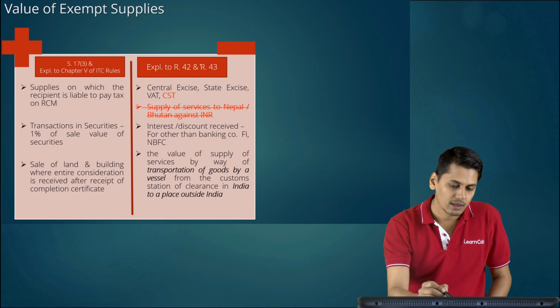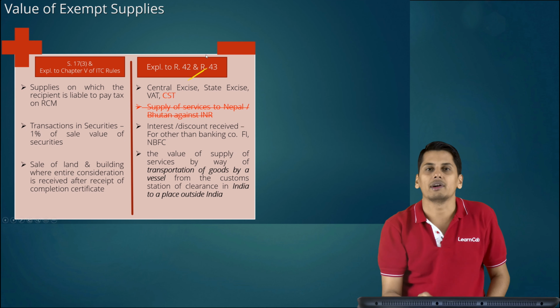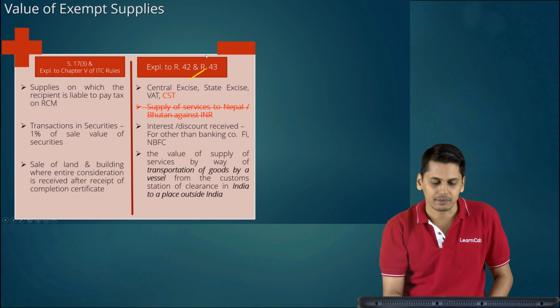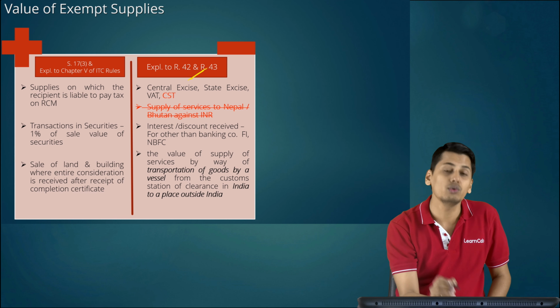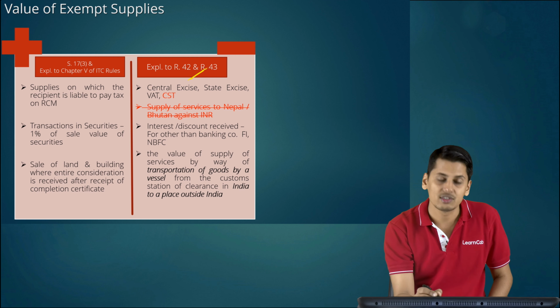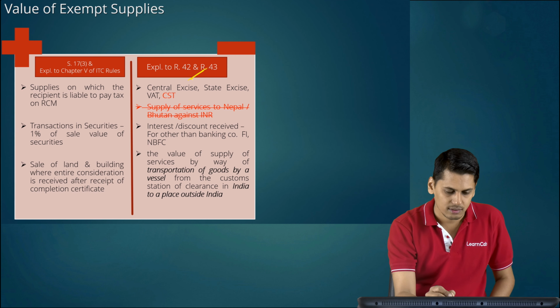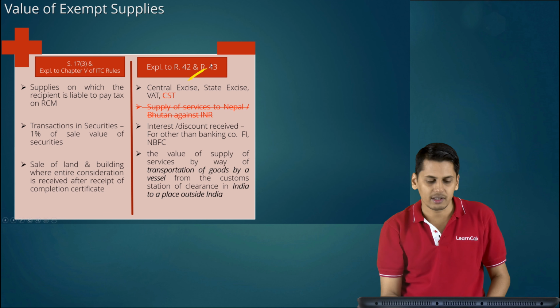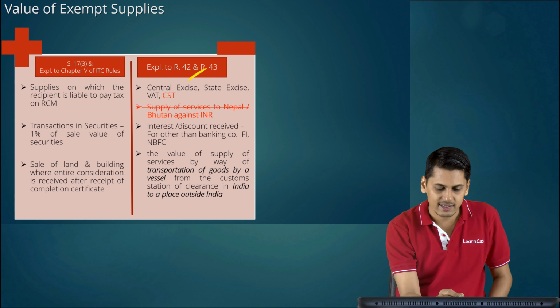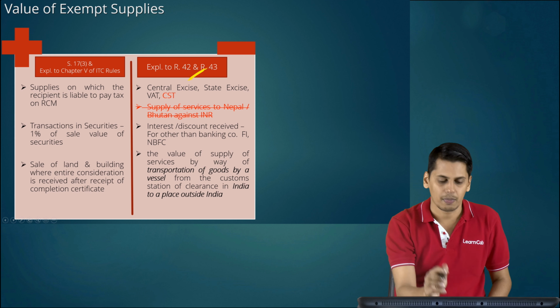So, here we go. Explanation to rule 42 and 43. What is the amendment? Friends, it excluded central excise, state excise, VAT.